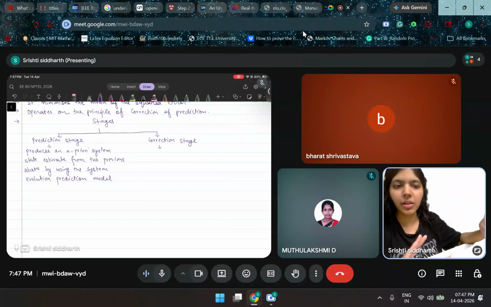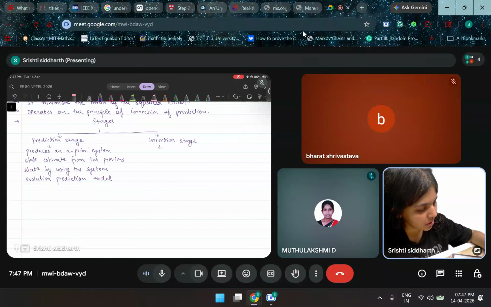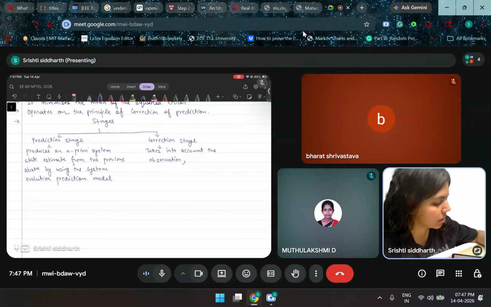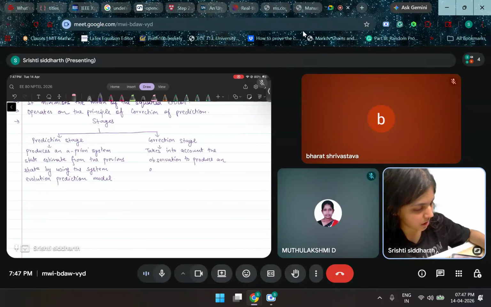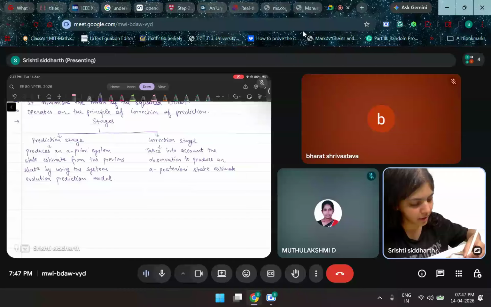So we also have a measurement system, right? Y equals Cx. So the correction stage takes into account the observation to produce a posteriori state estimate by correcting the estimate from the prediction stage.